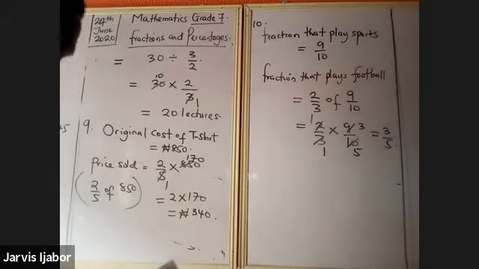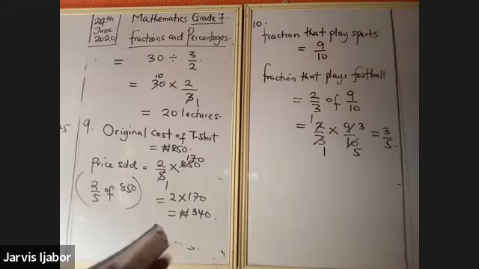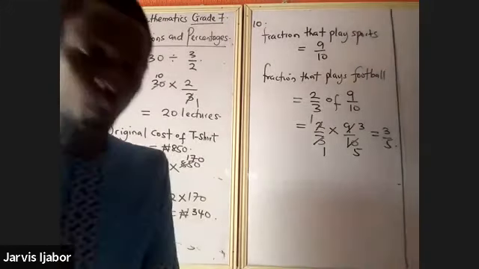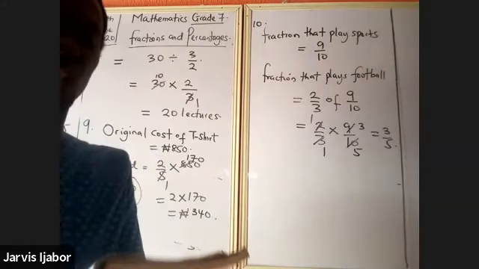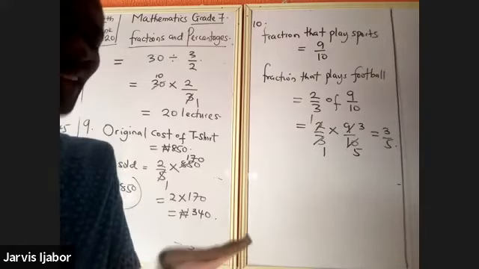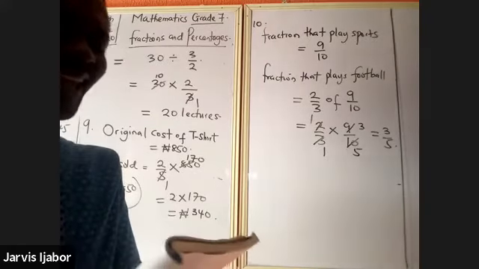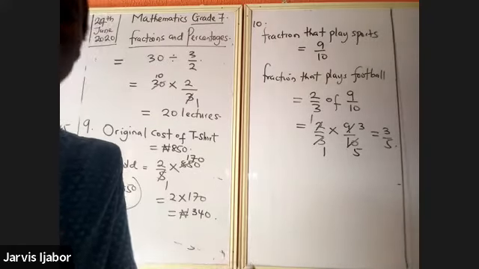Question 11. Let's go to question 11. It takes 3/4 meters of cloth to make a shirt. How many shirts can be made from 10.5 meters of cloth?